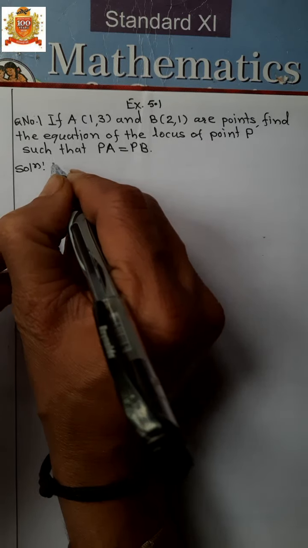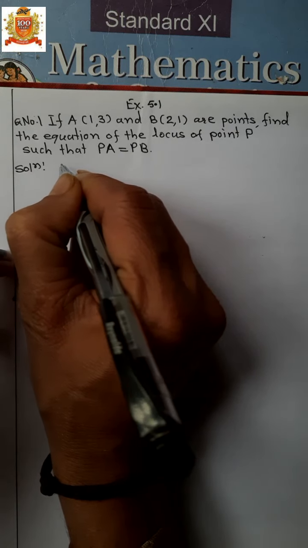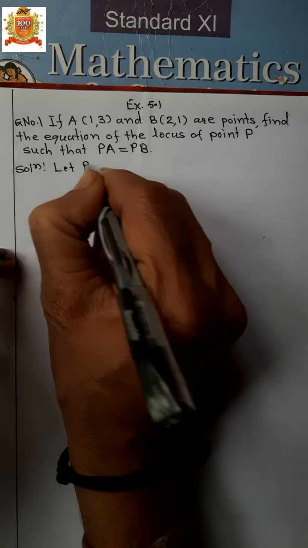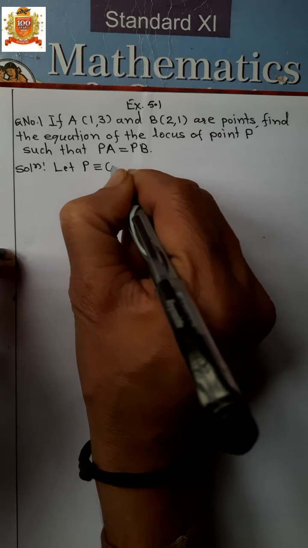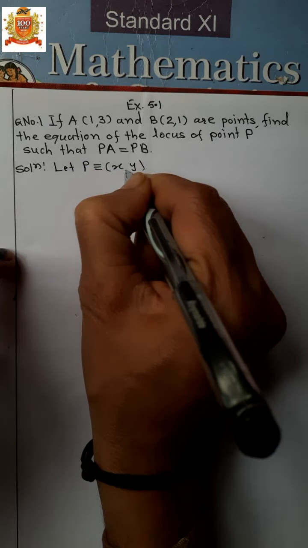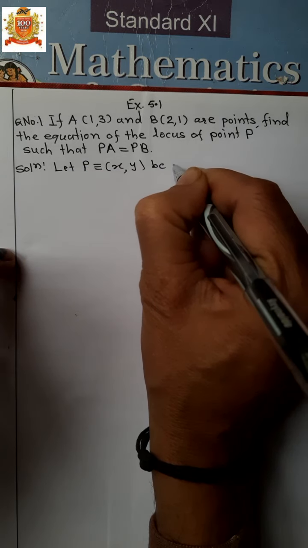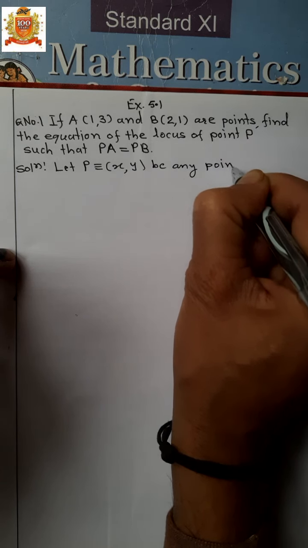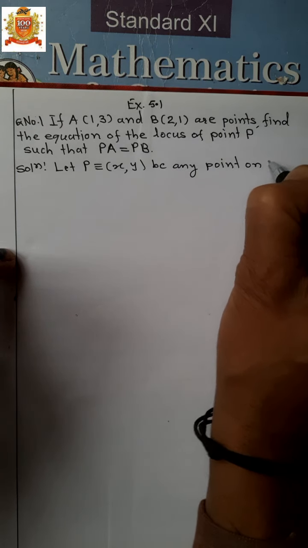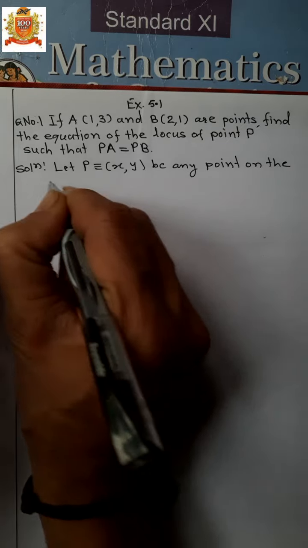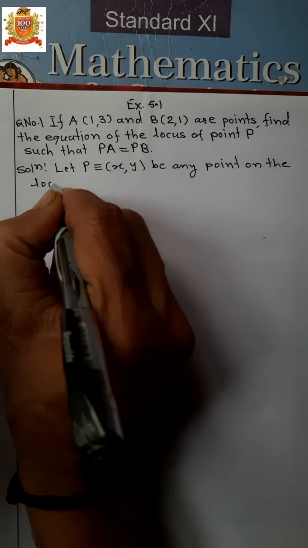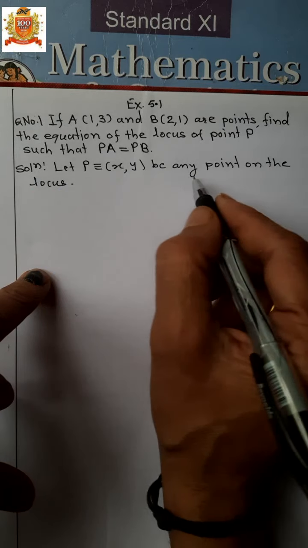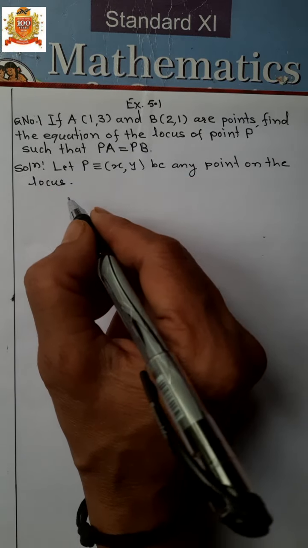While solving this problem, first consider, let P(x, y) be any point on the locus. Start the solution every time with this sentence, isn't it?